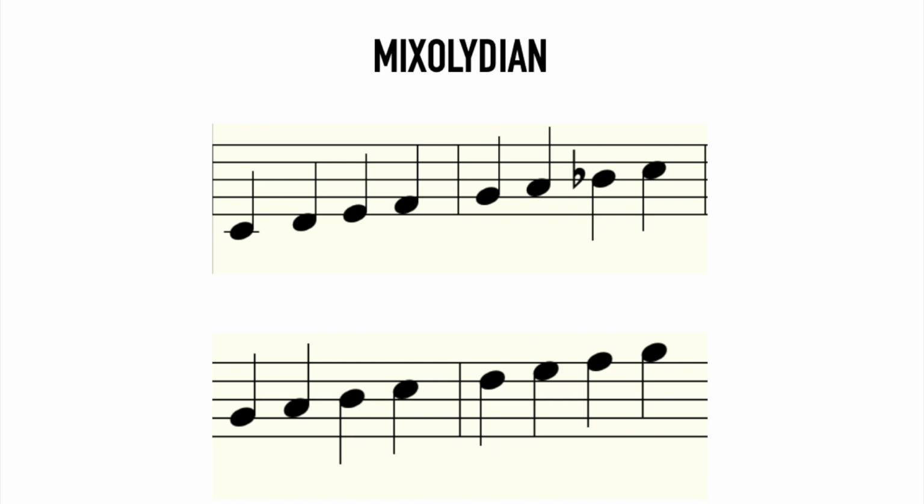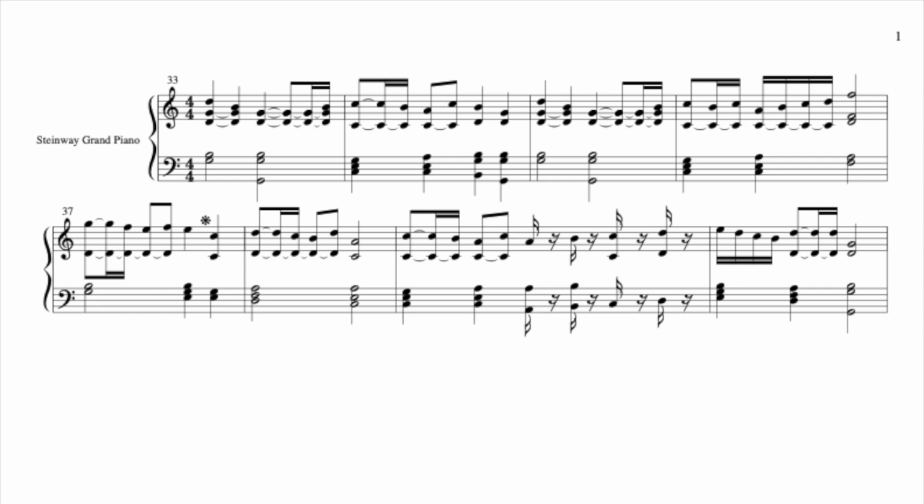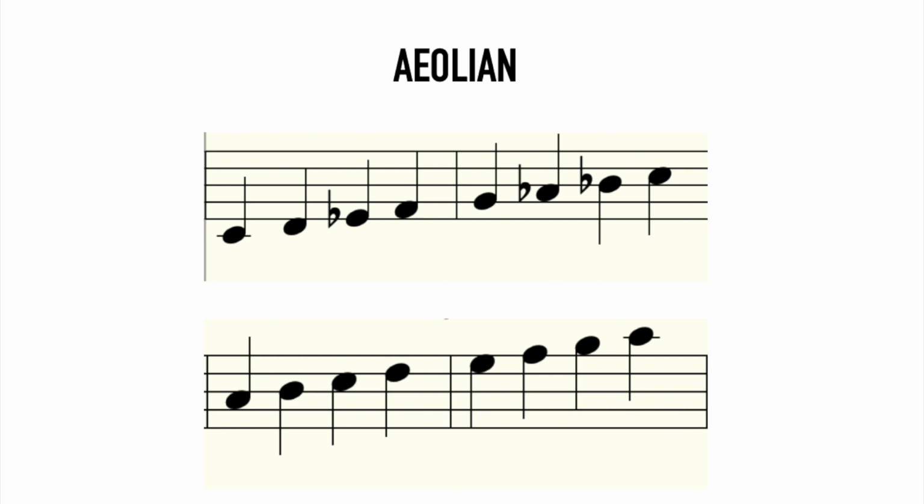Let's play it. This is a pretty light one as well. Sometimes it's used as a replacement for the major scale in songs where they want to make use of that flatted 7th. Next is Aeolian, which is that natural minor scale that we've seen in earlier videos.